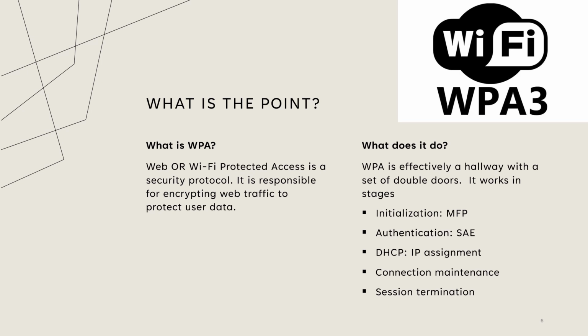That's the stage where the user or device connects using an Ethernet cable, or in this case, a Wi-Fi network. Next up, you're going to have the authentication stage, which is where the user device sends a request to the access point, which in most cases is going to be a router. This is where SAE comes into place and confirms the authenticity of device credentials and then allows the connection to the access point.